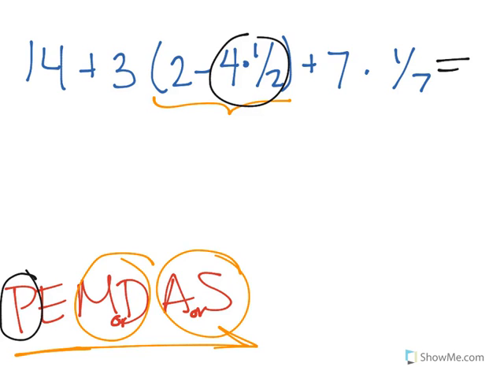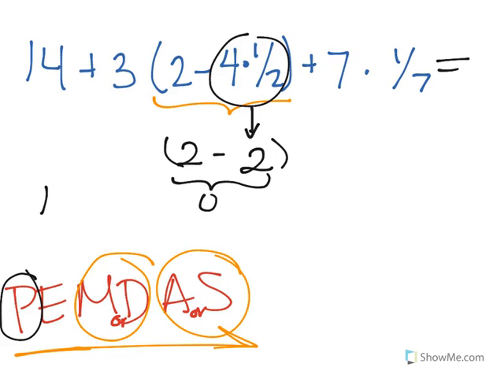We have 4 times 1/2. And knowing our PEMDAS, before subtracting, we must multiply or divide. So 4 times 1/2, and we know that to be 2. And now we have 2 minus 2, and we know that to be 0.